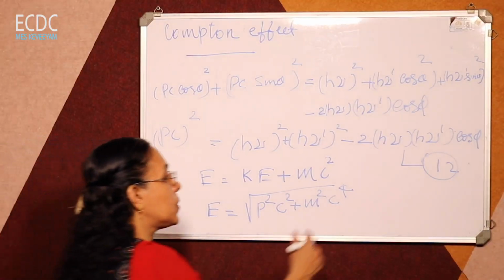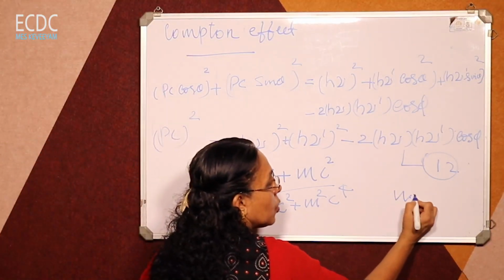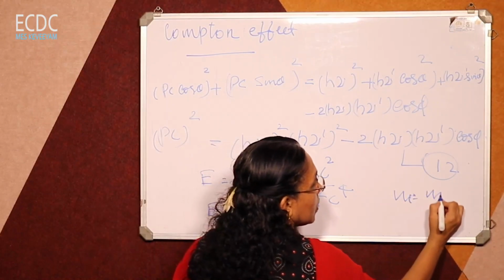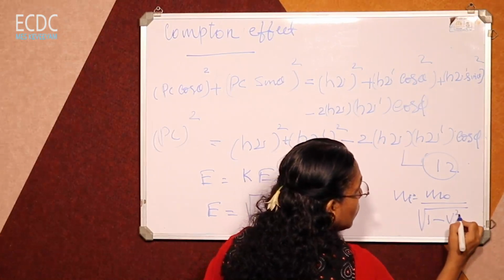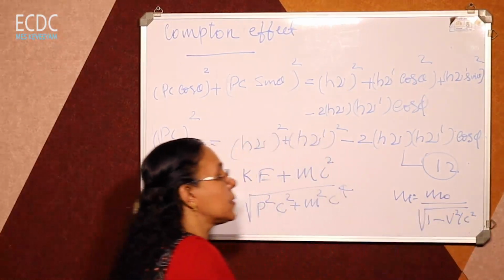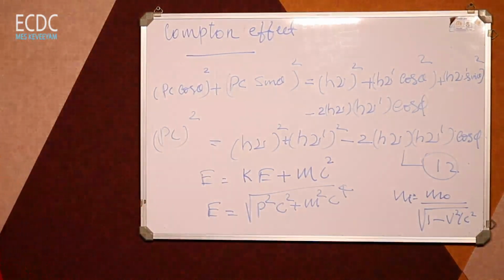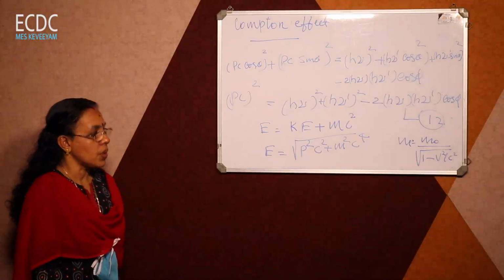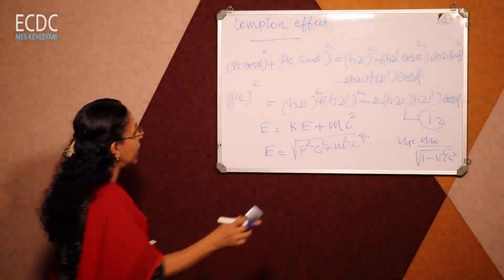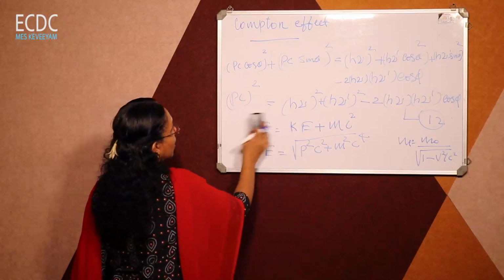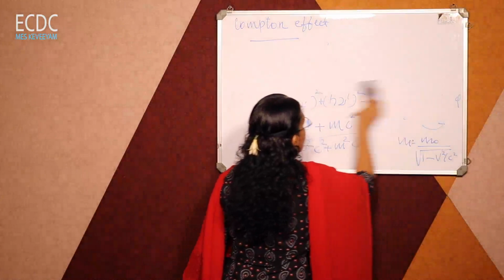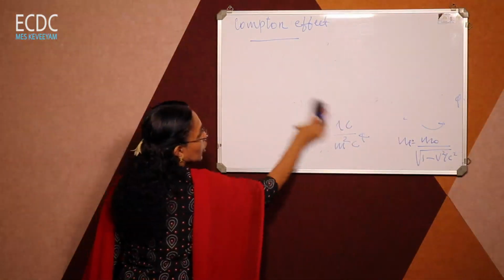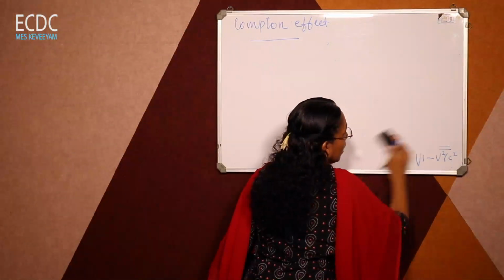Again you know that m is equal to m0 divided by square root of 1 minus v squared by c squared. This is the expression for the mass, where m0 is the rest mass. So by using this expression, we can write the expression for the interaction between the photon and the electron.